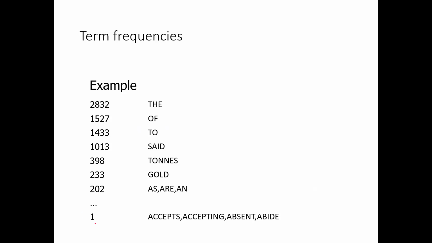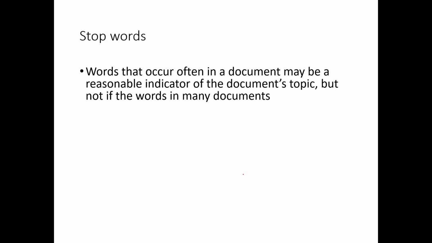At the same time, if a word is not very frequent, that is also a problem because it rarely appears in the document. What we need is something in between, right? So you have to discard some of the most frequent ones, and at the same time the most infrequent ones. That's something you need to consider when you talk about the words.